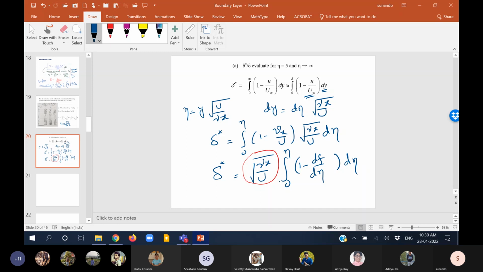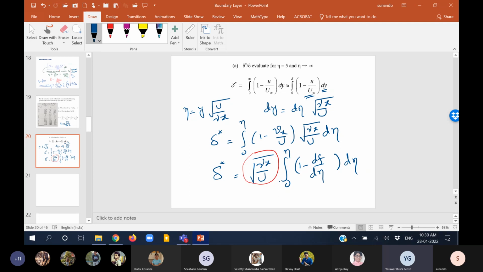Sir, it can be converted to delta by, I mean, delta is equal to 5x by root over axial Reynolds number.